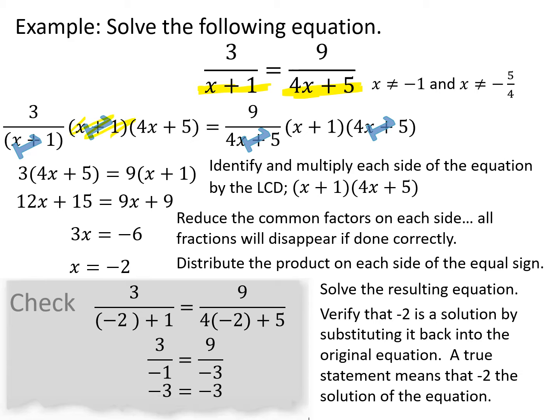And so if you multiply that on both sides of your equation, the wonderful thing that happens is those 4x plus 5's cancel on the right and those x plus 1's cancel on the left, giving you a linear equation to solve. So that is the method I'm going to use.